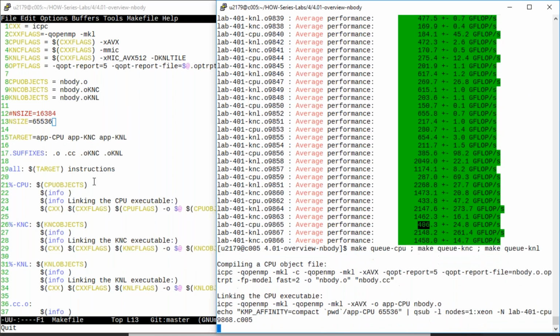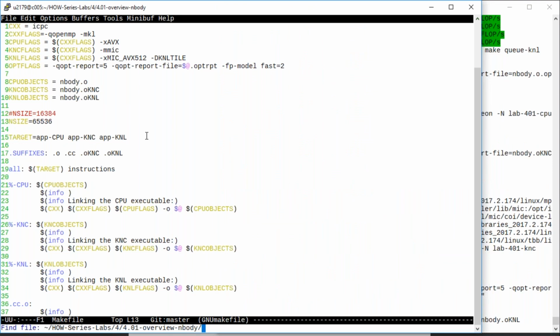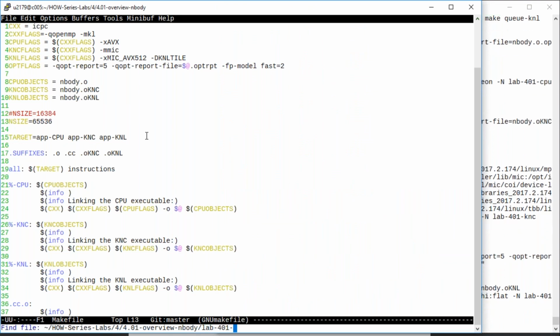Submitting to the queue. And what should we expect? I think we should expect better performance.